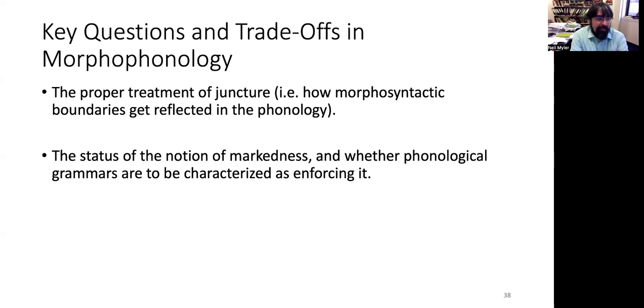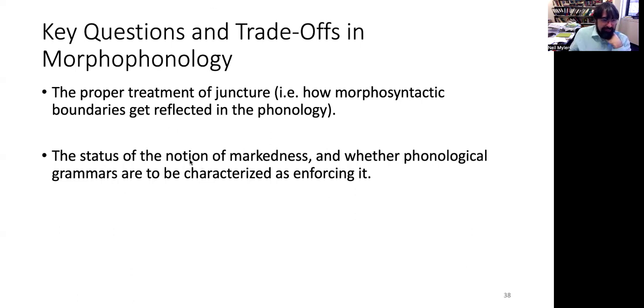So this would be a system in which all juncture effects arise from the phonological structure of individual morphemes, right? And cyclicity, right? In an ideal world, those two things together will be enough to take care of all juncture effects, but we may not live in an ideal world.